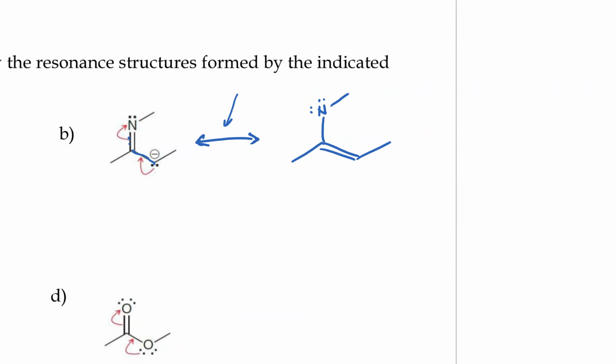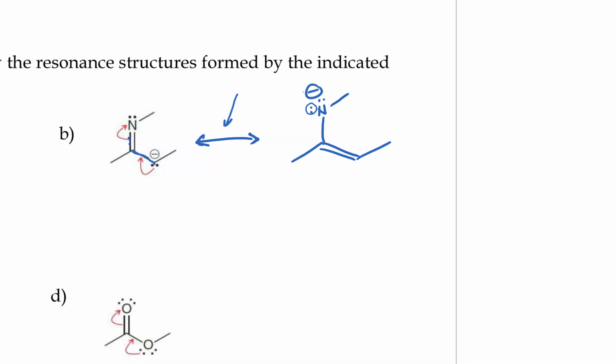And now let's follow through with formal charges as well. So in this case, starting out this carbon is negative. When it gives electrons to this carbon, it now will become neutral. And when this carbon now gives electrons to the nitrogen, and this nitrogen gains an electron as a lone pair, this nitrogen will go from neutral to negative.